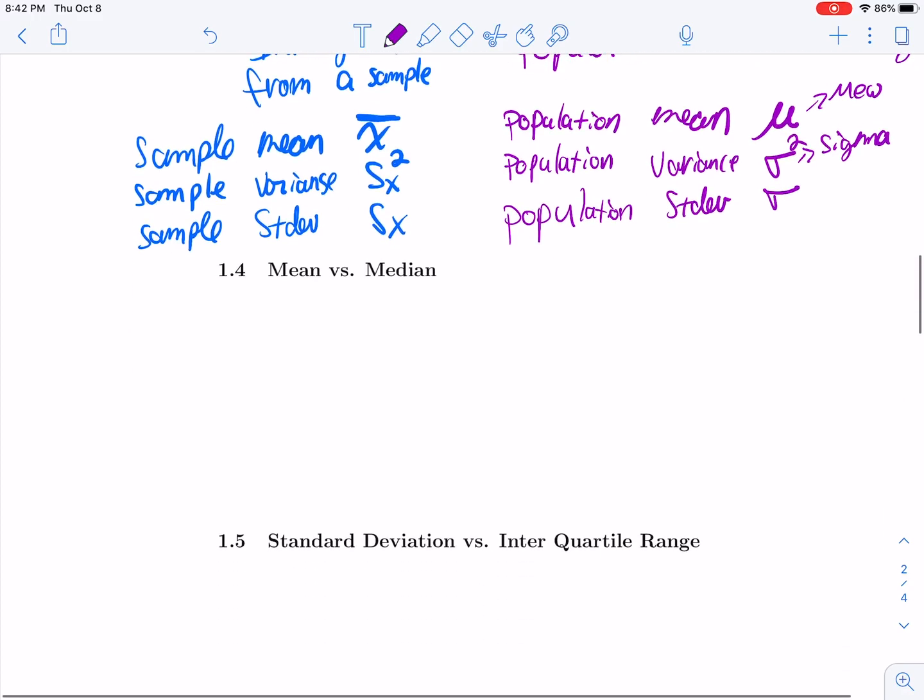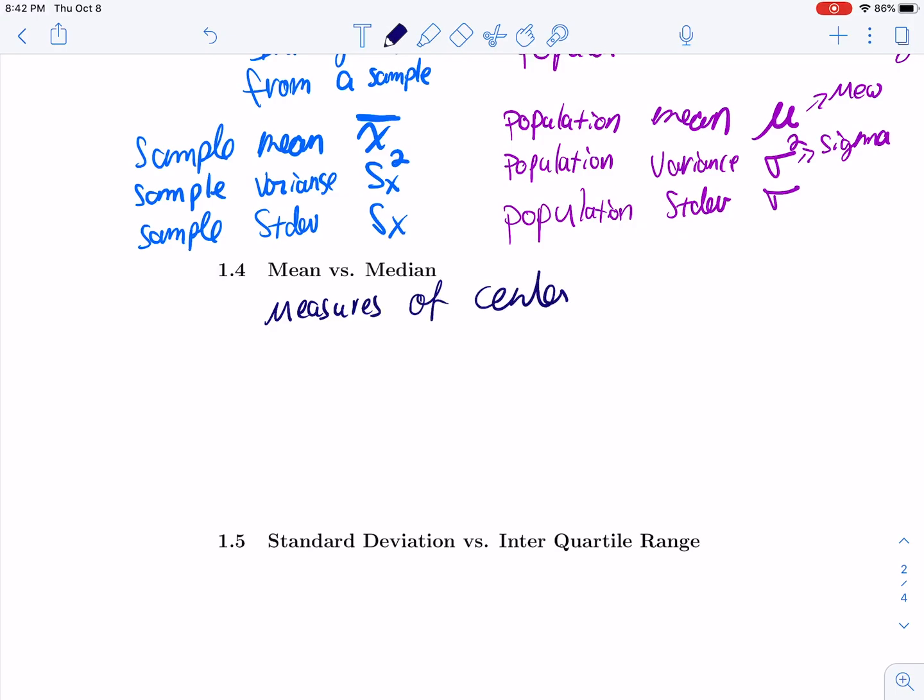Next, we have the mean versus the median. These are both measures of center, measures of central tendency. They kind of give us an idea of what the middle of the data might look like.